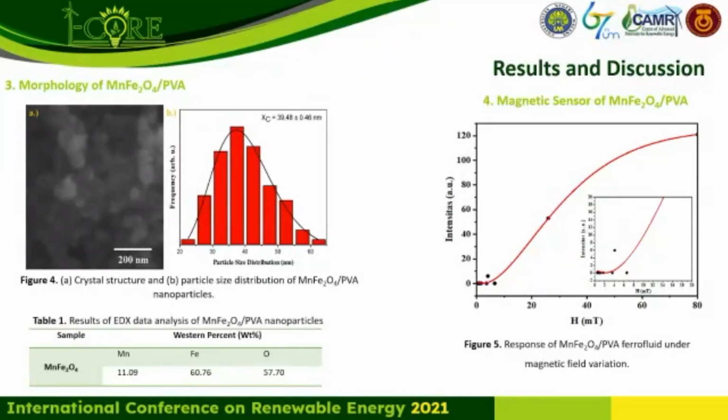A magnetic property test of the ferrofluid manganese ferrite with PVA surfactant was carried out by observing the effect of laser light under the magnetic field applied to the ferrofluid.